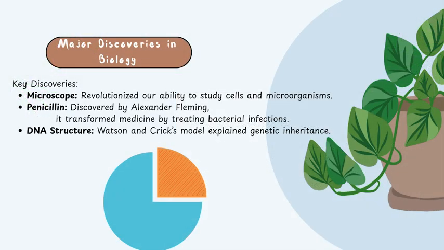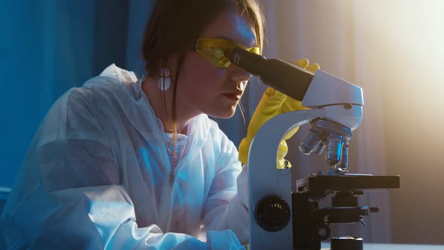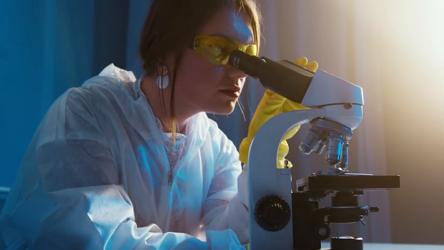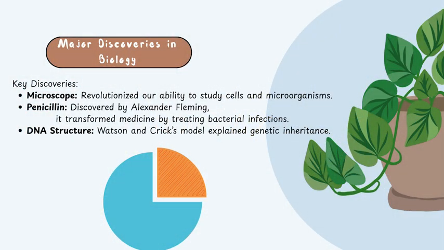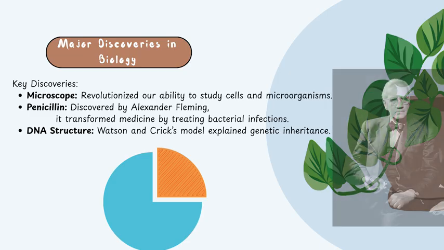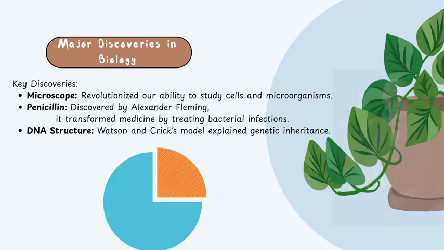Groundbreaking discoveries in biology. The first one is the microscope. This tool allows scientists to see cells and microorganisms for the first time. It opened up an entirely new microscopic world. The second one is penicillin. Discovered by Alexander Fleming, it became the world's first antibiotic, saving millions of lives from bacterial infection.